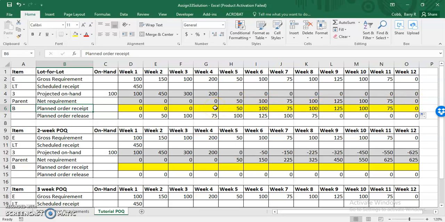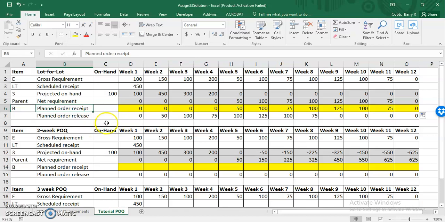Now, what we need to consider is that there's a possibility we could do some other things to reduce our cost in terms of the order sizes. To do that, we need to use some principles that we've seen before in inventory management: the fixed ordering cost and the holding cost.